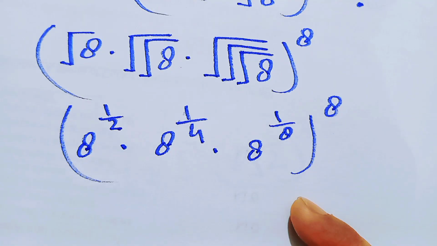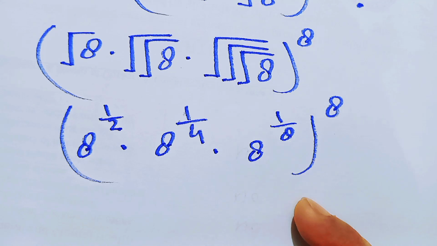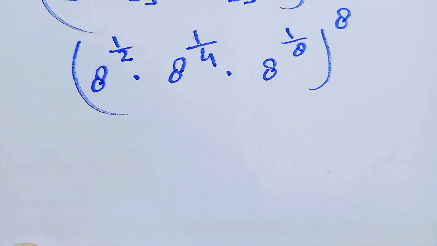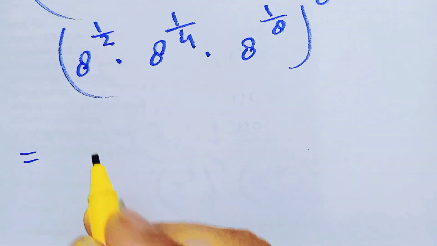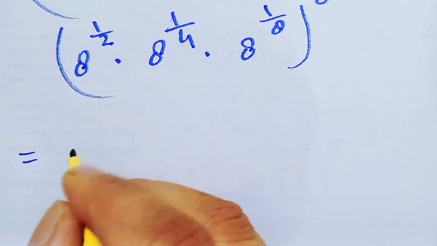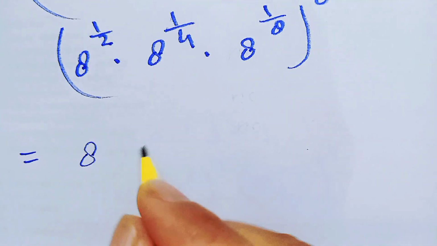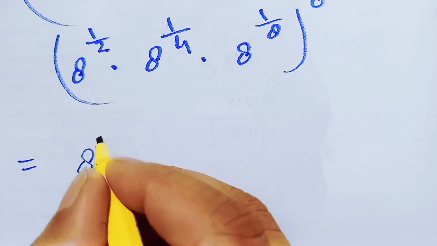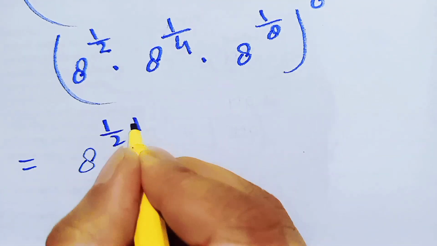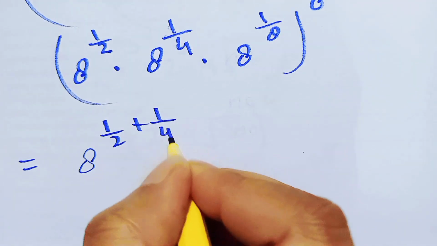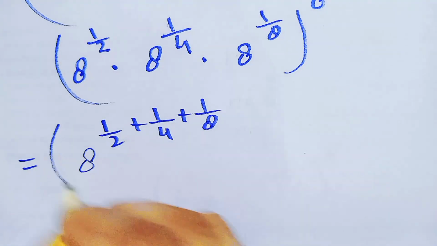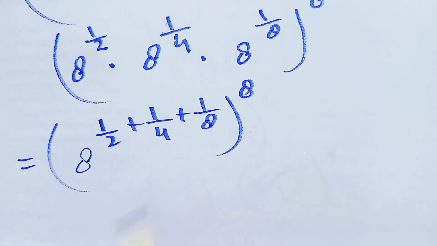Now in the next step we add the powers. So this 1 over 2 plus 1 over 4, then plus 1 over 8, and the whole to the power of 8.